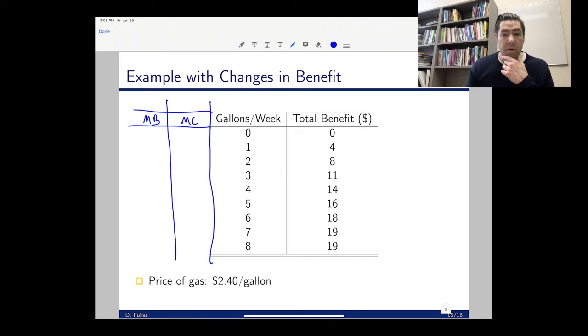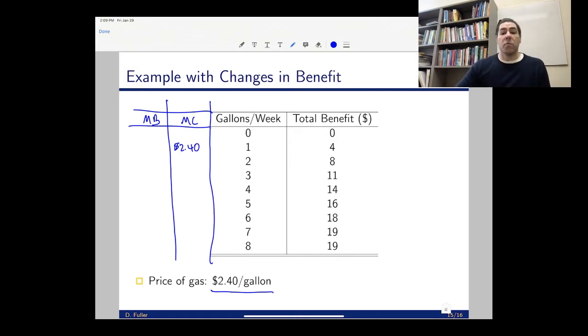Now, a key insight here is that my marginal cost is the change in total cost. We can calculate the total cost of gas by taking the gallons per week times the cost of each gallon. But what I know is that every extra gallon I add, the marginal cost is going to be $2.40, the cost of that extra gallon.